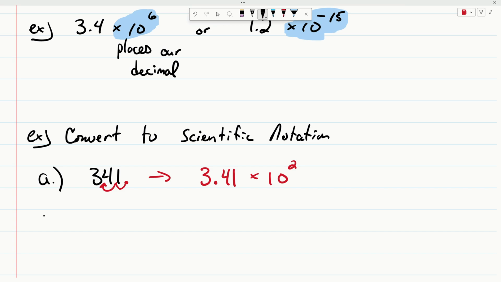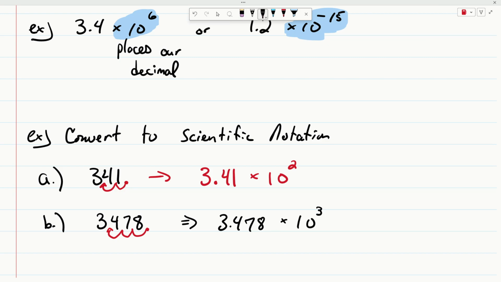All right? Let's try another one here. So 3,478, decimal on the far right, 1, 2, 3 places to the left. So this is going to give me 3.478 times 10 to the third.